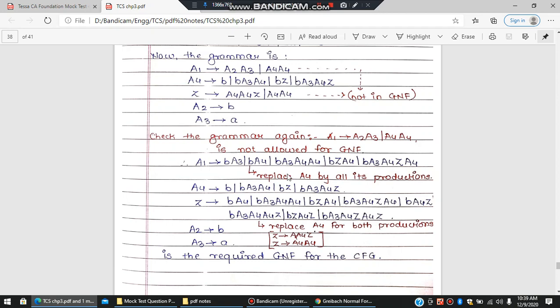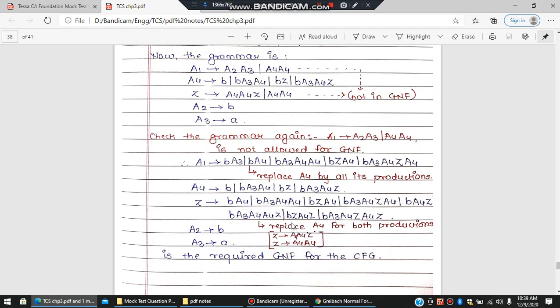Then replacing A4 by all its productions. So we have replaced A4 with all of its productions. Here I forgot to write A3, sorry, A3 should come here, as the productions are like this. So all these productions we have substituted for A4 A4 from here. One A4 is given in full over here. Then A4 is as it is, Z is as it is. In Z again there is A4 here. So we have written all the productions of A4, and similarly for A4 A4 we have again given all the productions.